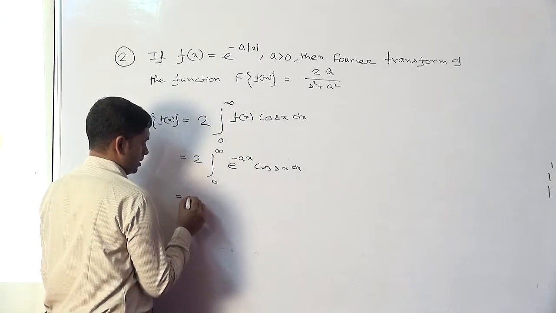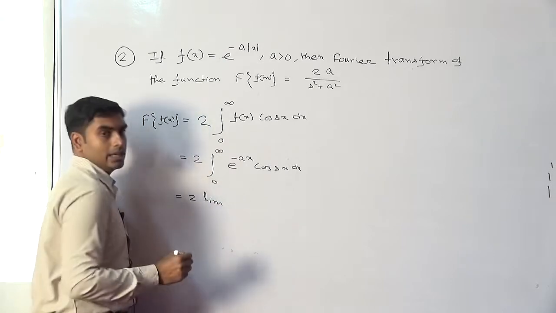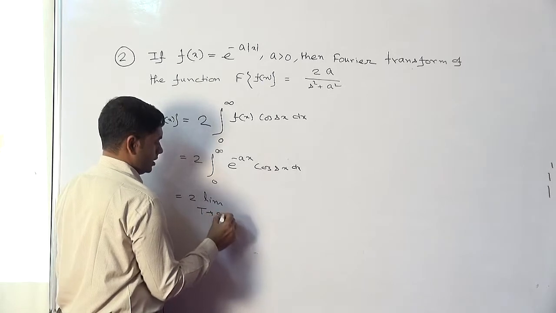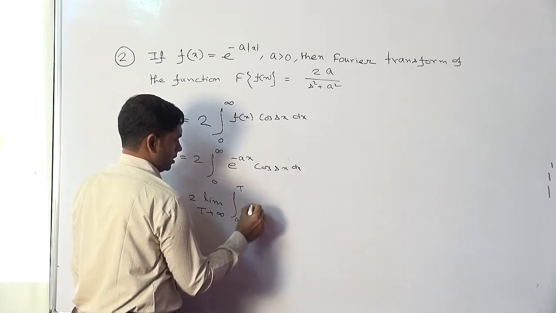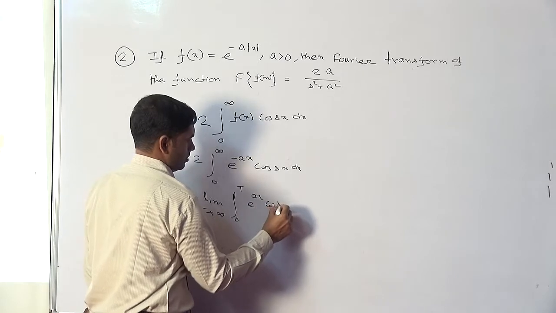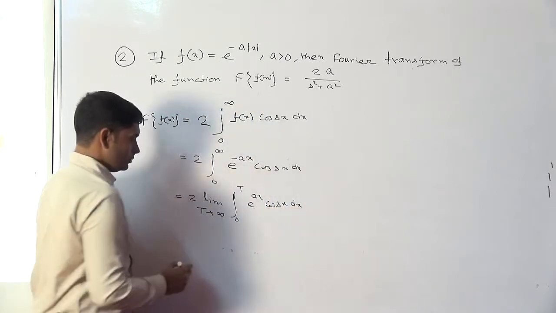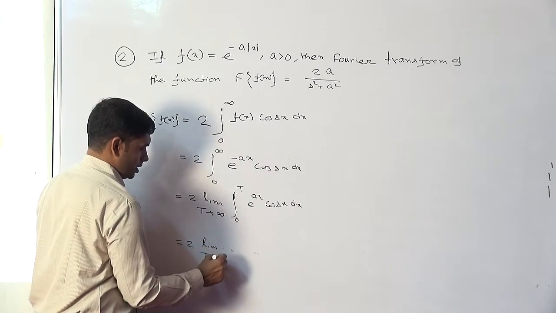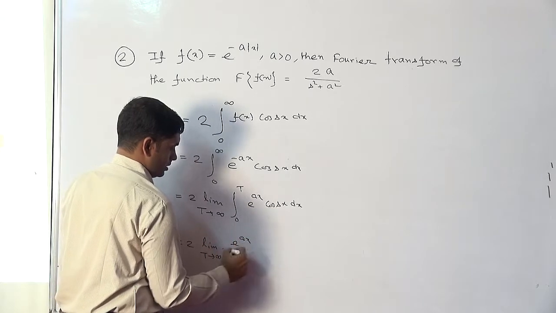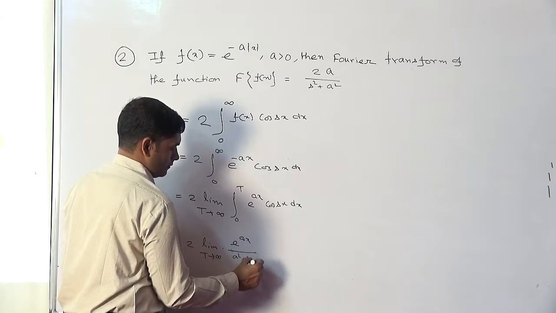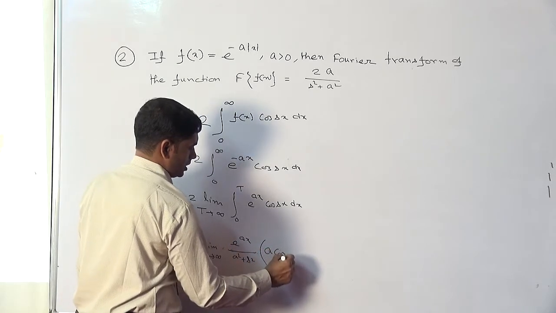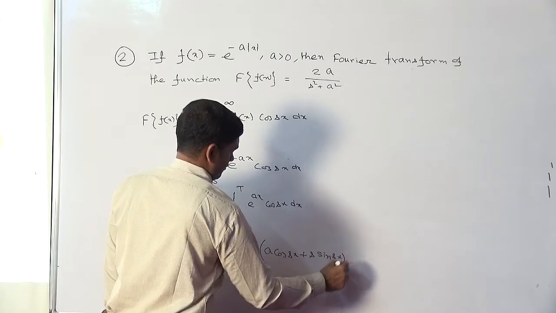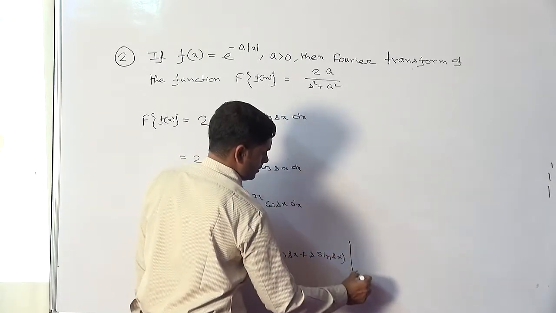As this is an improper integral, we take the limit as t tends to infinity of the integral from 0 to t. So this is twice the limit as t tends to infinity of e to the power minus ax over a squared plus s squared, times minus a cos(sx) plus s sin(sx), with limits 0 to t.